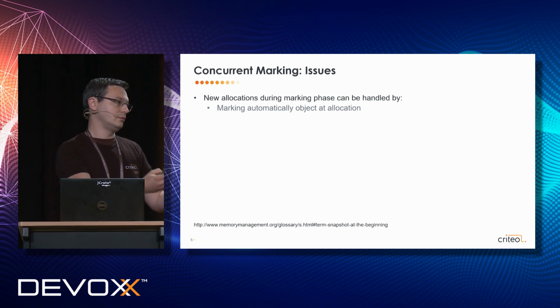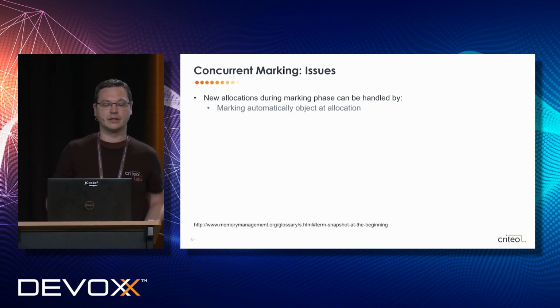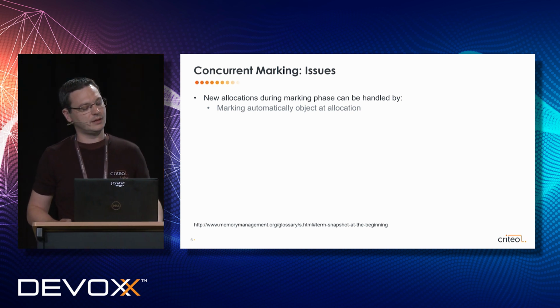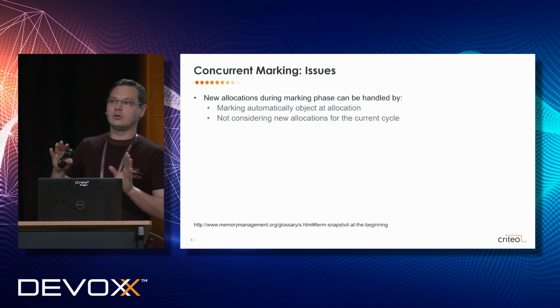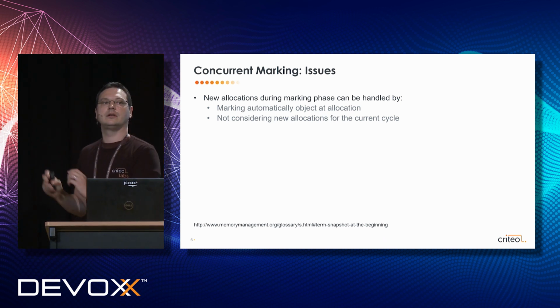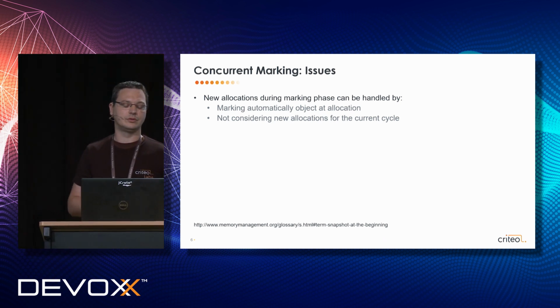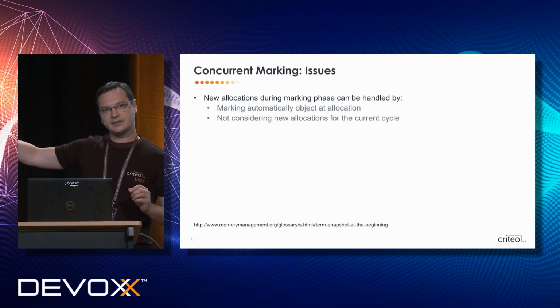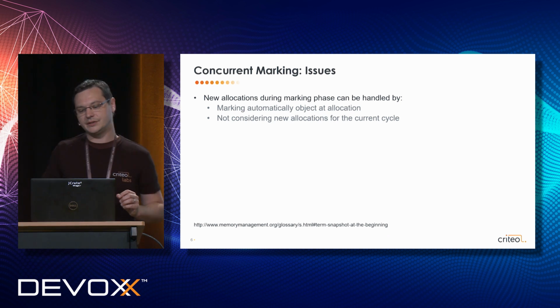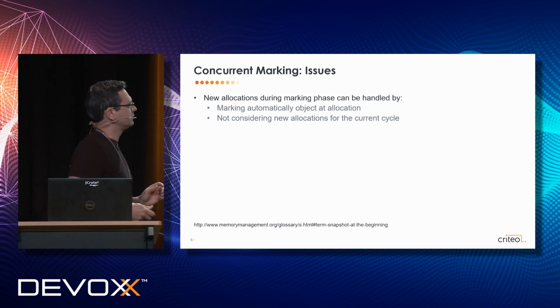Okay, it's new, so it will be used, so we can consider it as live. Otherwise, all the allocations could be considered as not part of the current GC cycle, so they can be allocated at some addresses that will not be considered by the GC for this cycle.